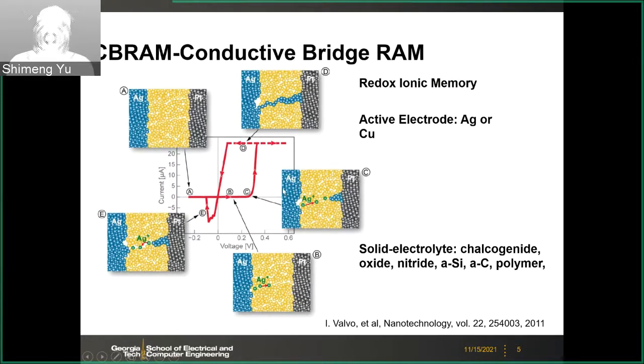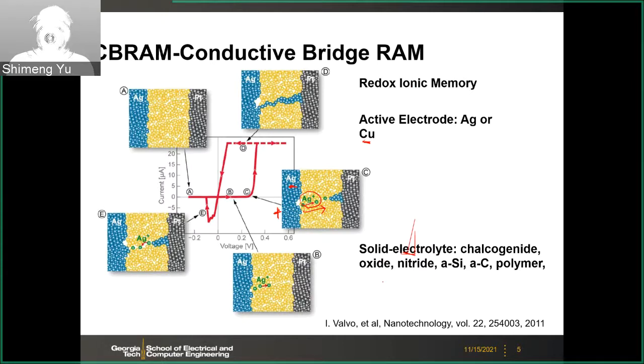The idea is that one of the electrodes is active, because in this case we have silver, or you can have copper. So when you apply positive voltage to the silver, the silver will become ionized, silver plus ion. And then this positive voltage will drive the ion to diffuse into this so-called solid electrolyte material.